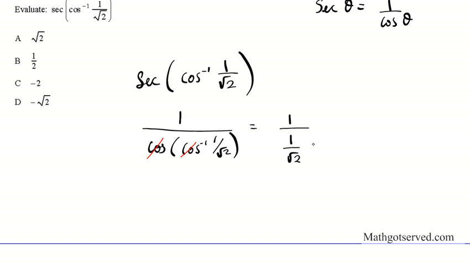Okay? So we're going to drop, change, flip. Since we have a fraction in the denominator, we drop the top, which is 1, and multiply by the reciprocal of the denominator. If I reciprocate this, the denominator goes to the top, the numerator comes to the bottom. So we have root 2 over 1. Multiply out, the final answer is square root of 2, option letter A. Alright, moving right along, question 7.